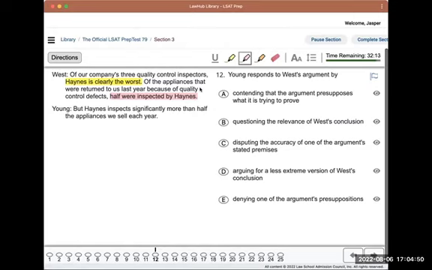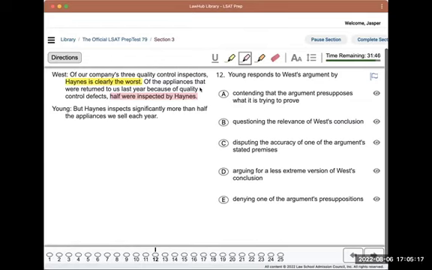All right, so A, Young responds by contending that the argument presupposes what it's trying to prove. Does it presuppose what it's trying to prove? No, actually, that's not what Young does, right? So Young doesn't say, well, you're just assuming that Haynes is the worst. You don't have any evidence to show that Haynes is the worst.